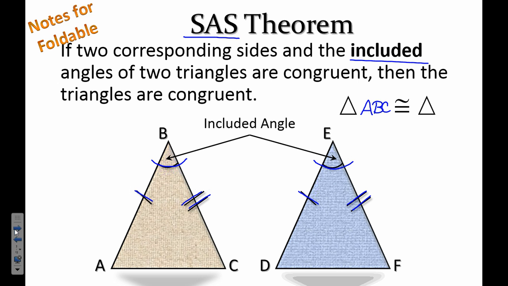So D, E, F. They will not always be in alphabetical order, so you have to be careful when you're naming the triangles. Okay? So far, so good? Key word, included. 2 sides and the angle that's between them. The angle that's formed by those 2 sides.